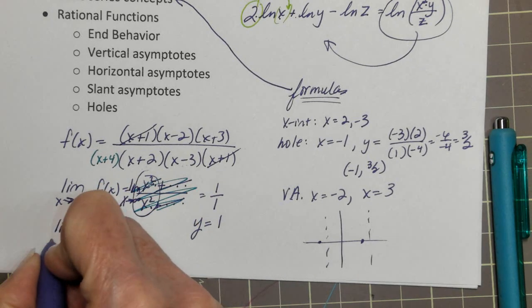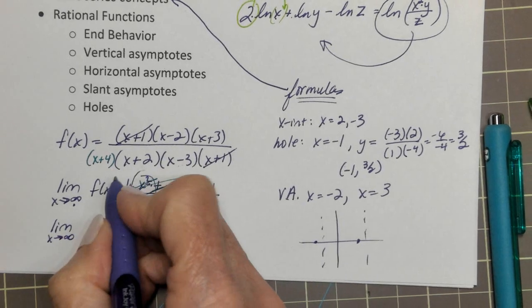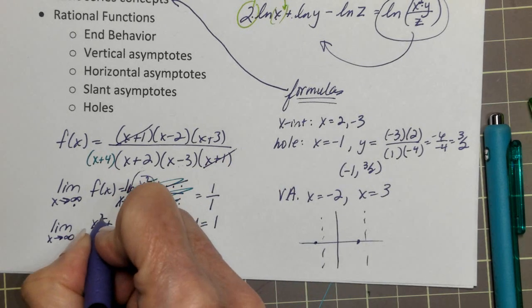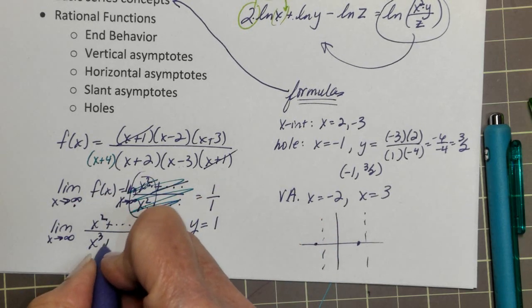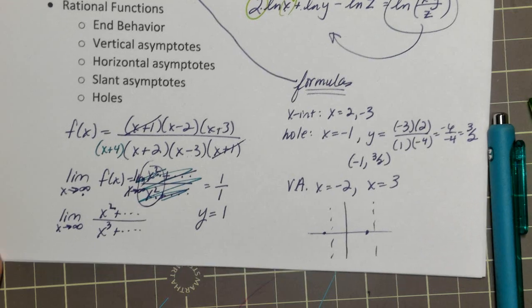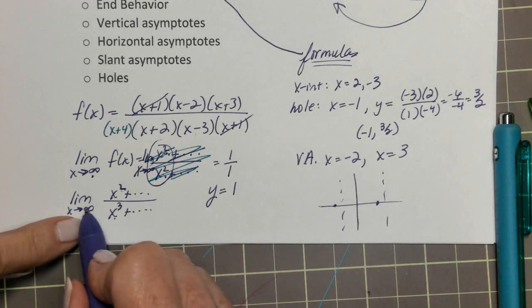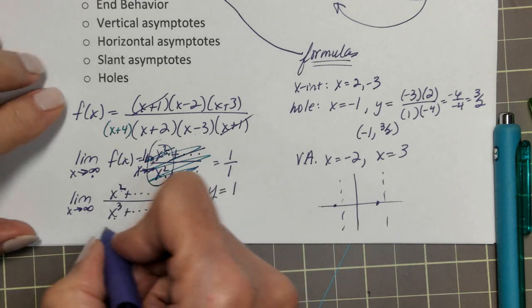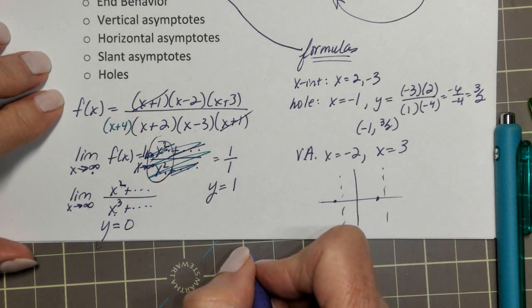Then we would have the limit as x goes to infinity of f, and this would be an x squared plus whatever on top, and an x cubed plus whatever on the bottom. How does that reduce? That reduces to 1 over x. And the bottom is going to infinity, so the whole thing is going to 0. This would give us a horizontal asymptote of y equals 0.